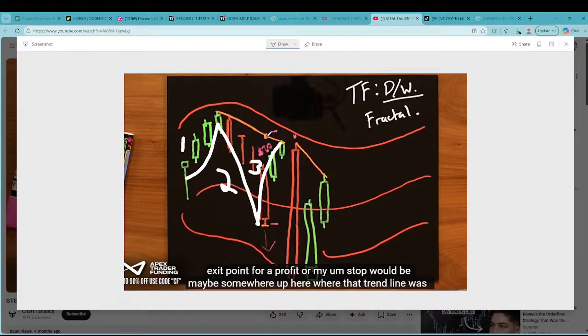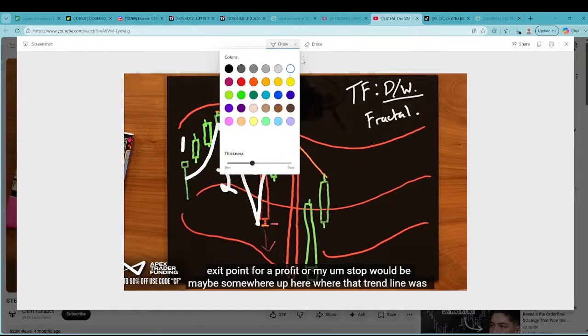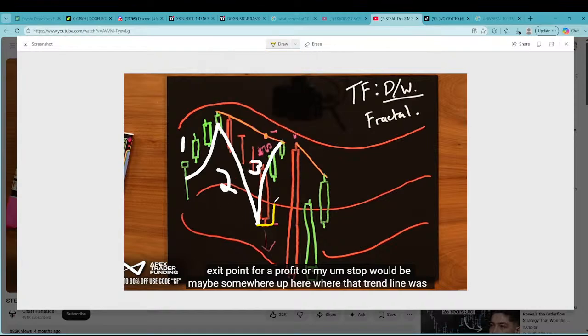And then the size of that pullback is supposed to be times 2. And then that's supposed to be the bottom.